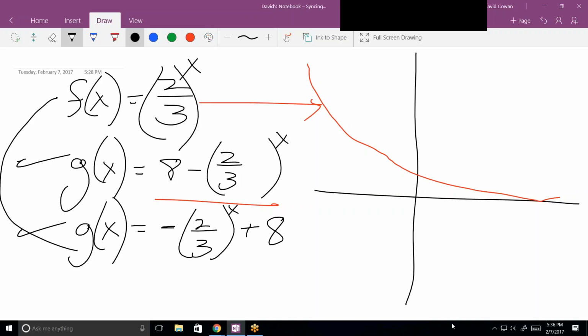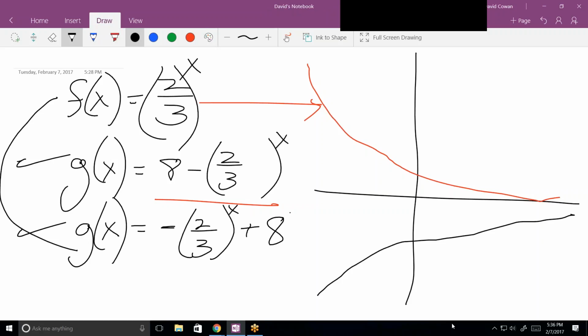No, just the x-axis. If I was going to plot minus 2/3 to the x, it would graph like that. It would go through 0, -1. Yes.